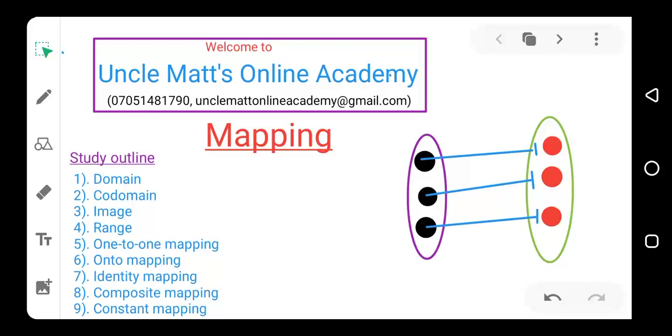We are back to our discussion on mapping, and we want to talk about mapping as a function. Mapping as a function, that is what we have today.